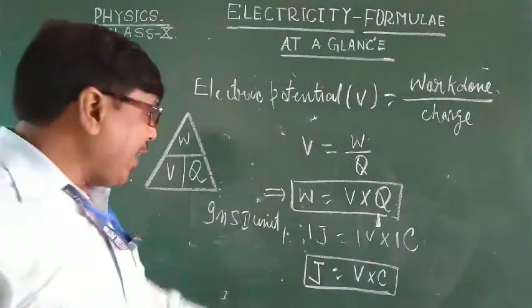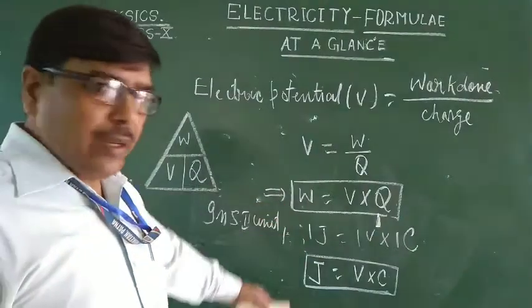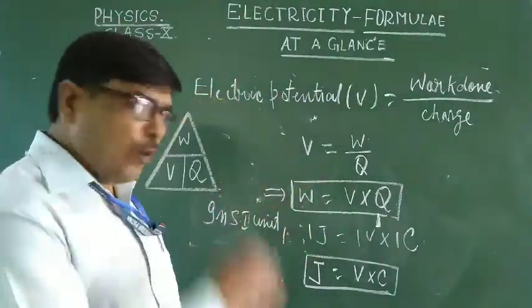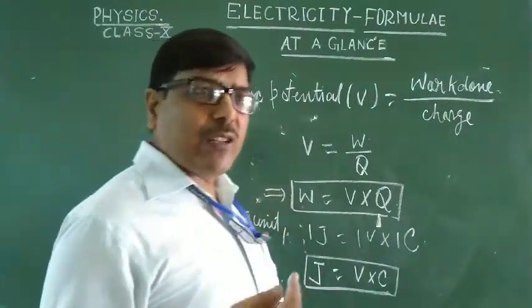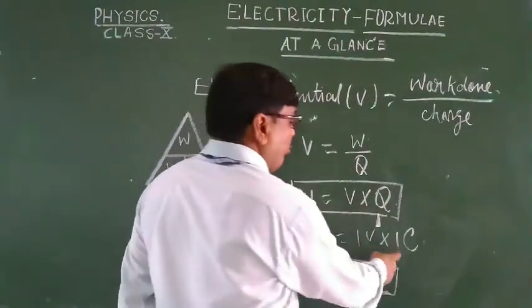So 1 joule is defined as the work done in which 1 coulomb charge is moved between 2 points of the conductor having potential difference of 1 volt.